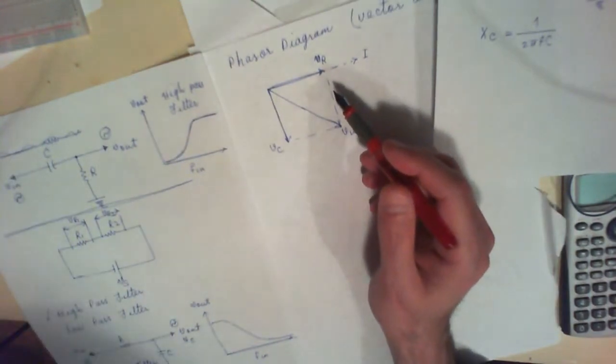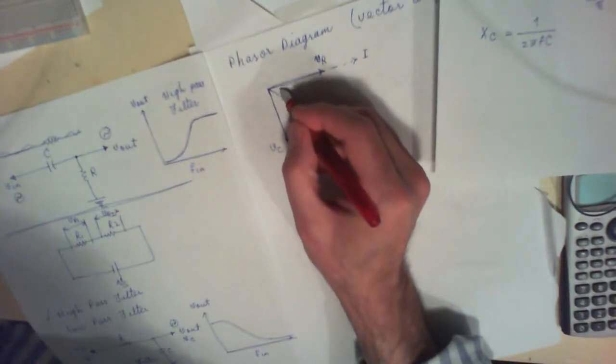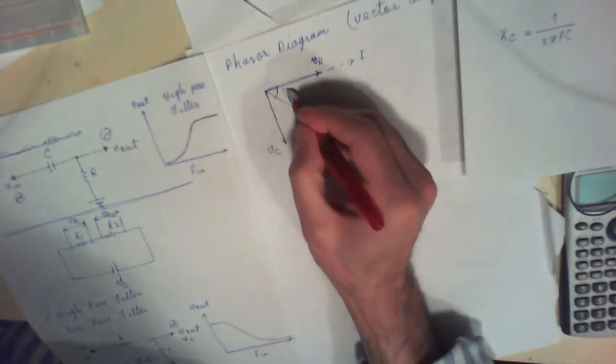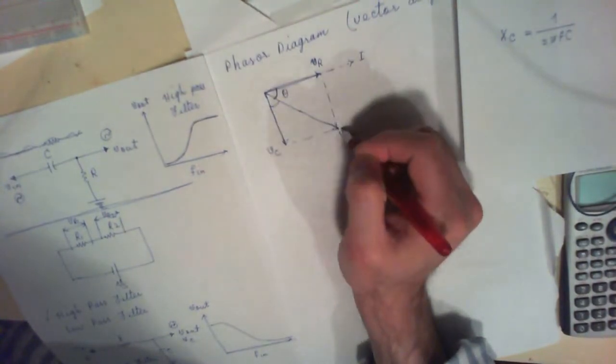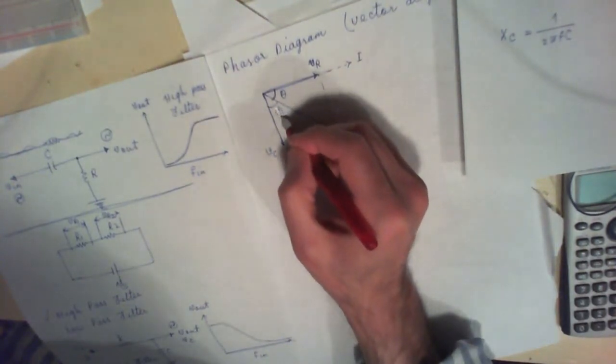Now, here you have some angle between V of R and V of N. You can call that, for example, theta, and there is some angle between V of N and V of C. You can call that, for example, phi.